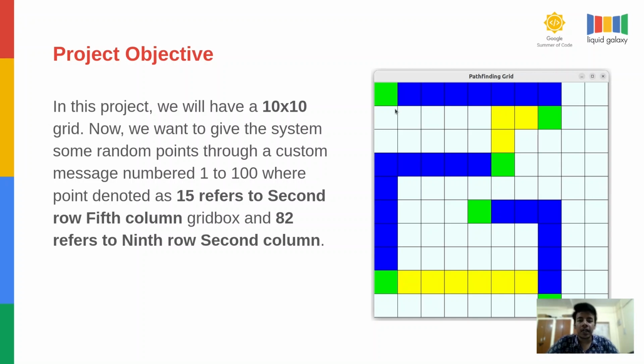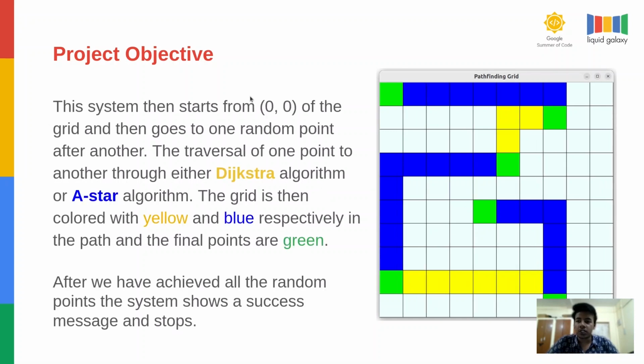So this is how it is denoted. And then these are the random points, and the code starts from 0 comma 0. The system goes from one random point to another sequentially. The traversal from one point to another will be either through the Dijkstra algorithm or the A star algorithm. Dijkstra is a path planning algorithm and A star is also a path planning algorithm. So what is a path planning algorithm? Let's discuss it a little bit.